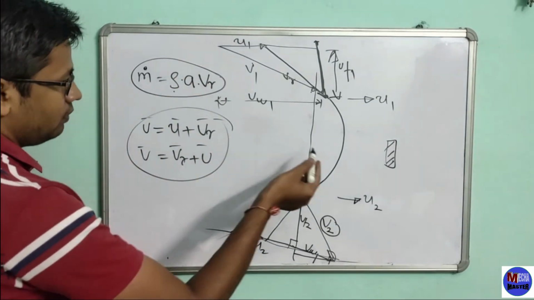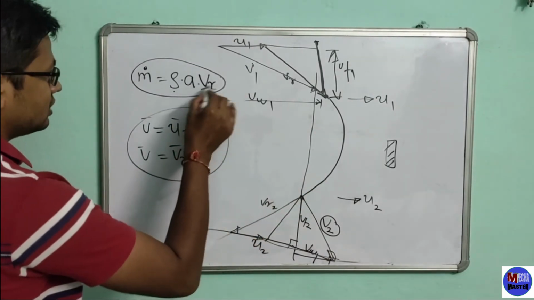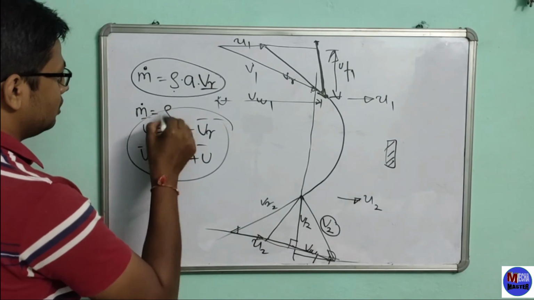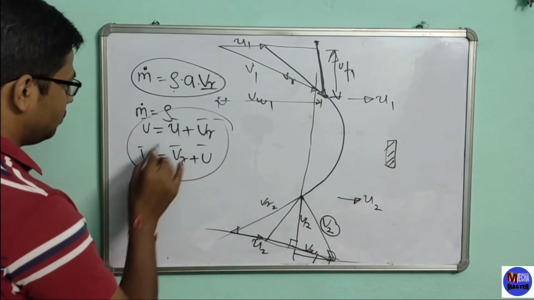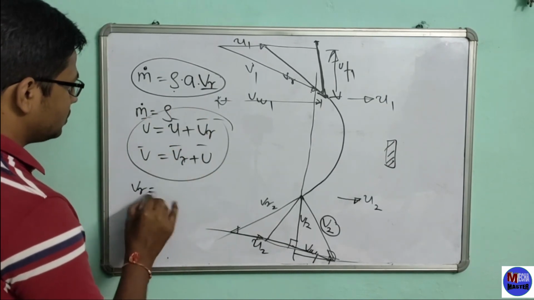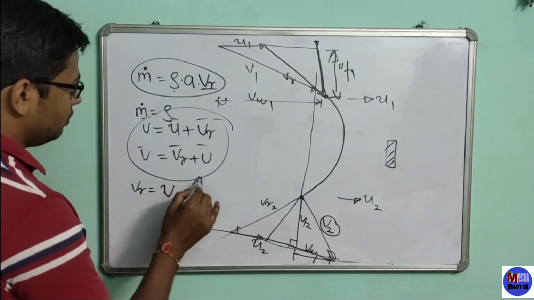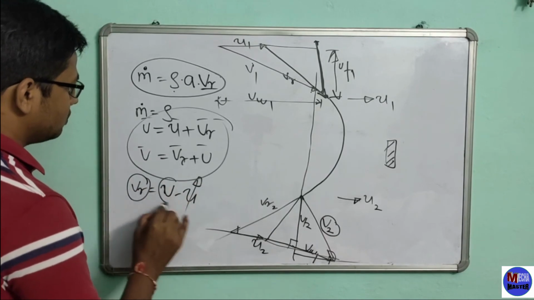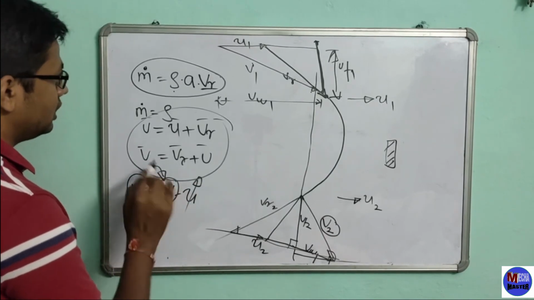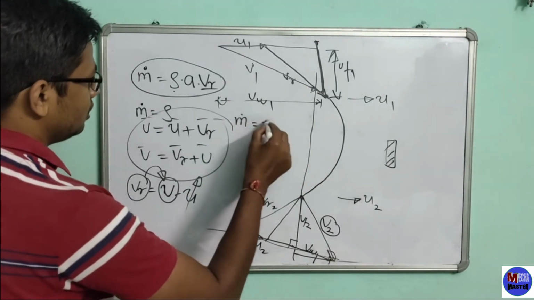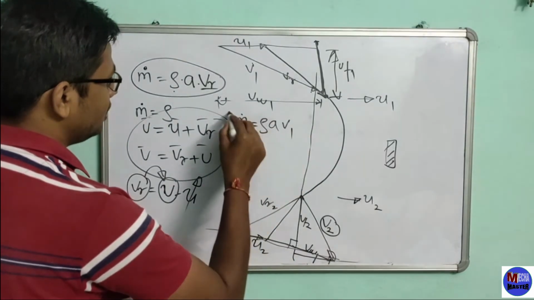Suppose if the vane is fixed, then what is the relative velocity? Vr equals v minus u. If u is 0, then the main velocity will be the relative velocity, and if the blade is fixed, then the mass flow rate will be rho a v1.